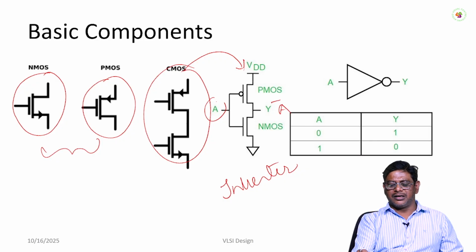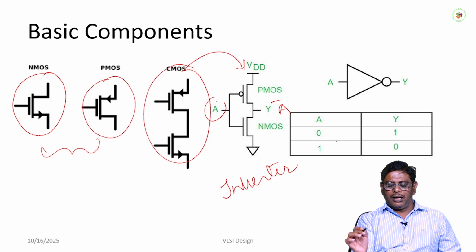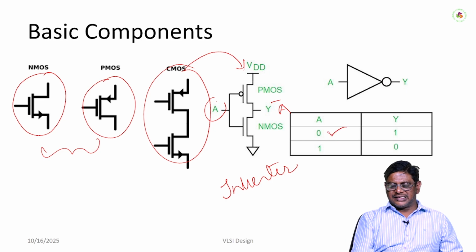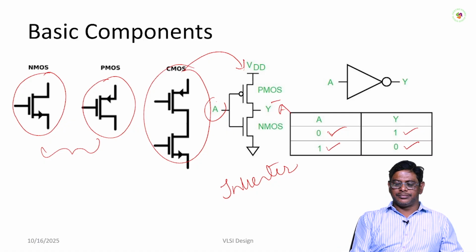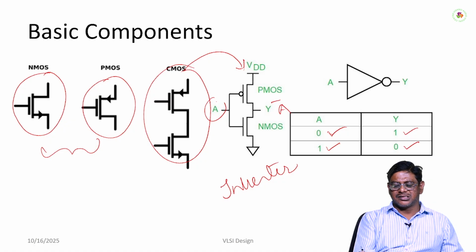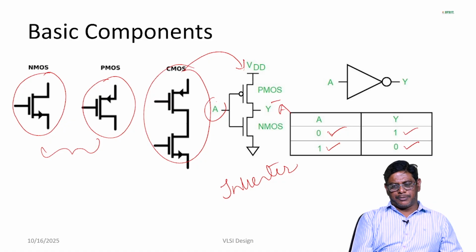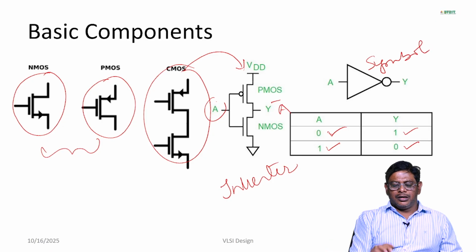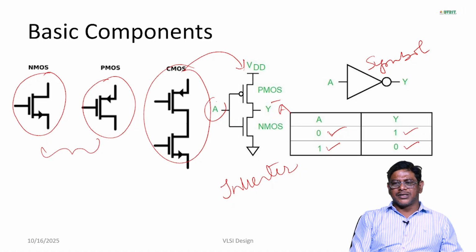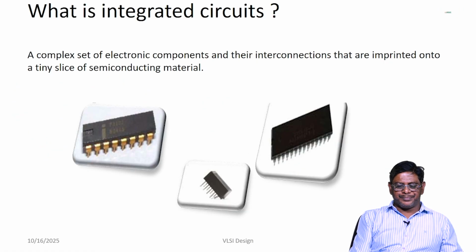Whenever we apply A as 0, the output becomes 1, and when the input A is 1, the output becomes 0. So basically it is an inverter circuit which complements the input signal. This is the symbol for the inverter circuit, the basic element required to design different types of logic circuits.